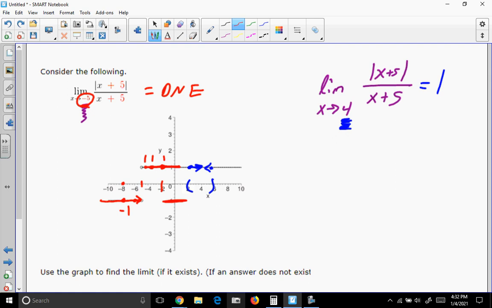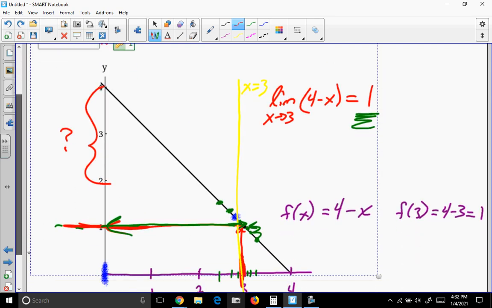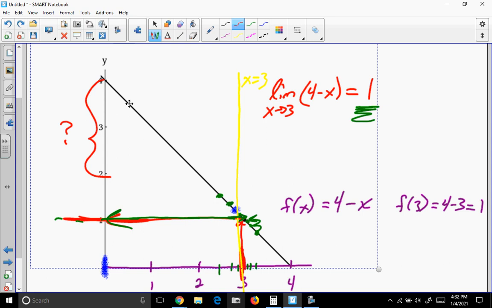For the limit to exist, we have to be going to the same value on each side like we did here. When we followed down and got close to an x value of 3, and when we started over here and got close to an x value of 3, both of those were directing us to that point, which corresponds to 1.